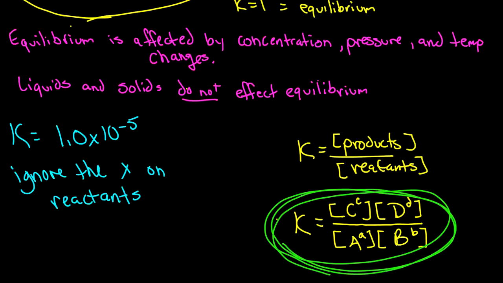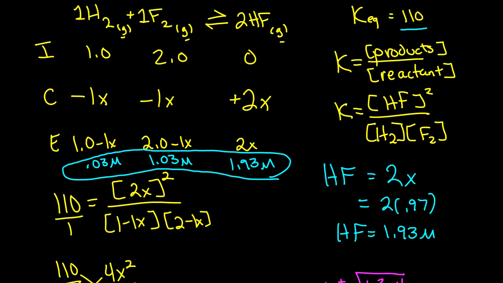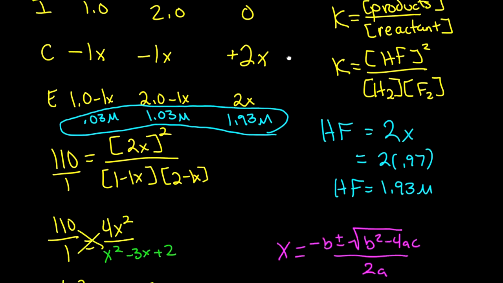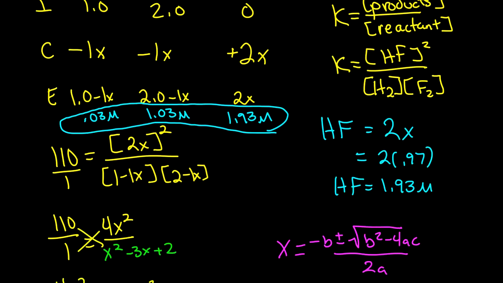What does that mean, you may ask? If I go back to this problem we just took 1,000 years to do, if I were to ignore the X on reactants, that means the sign, the number, and the X, I'm going to ignore it on the reactants.